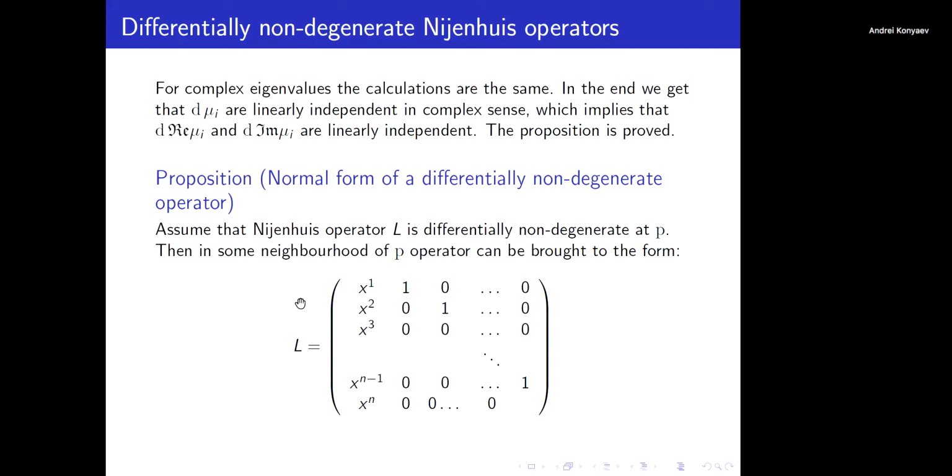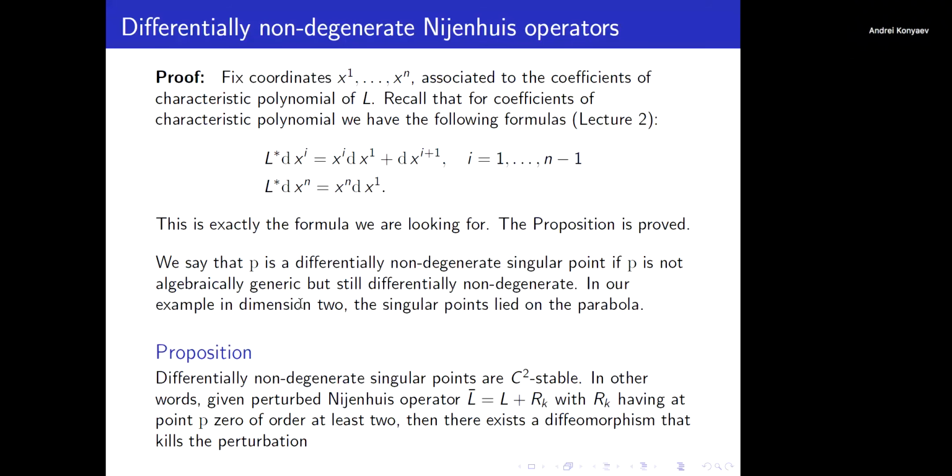How do we do that? Well, it is rather simple. But we need to recall the magic formula. It was written in terms of the characteristic polynomial, if you remember. But if you write it in terms of the coefficients of the characteristic polynomial, it becomes almost the form written here. Now, what we do, we take the coordinates to be the coefficients. Associated means that x1 is the first coefficient, x2 is the second coefficient.